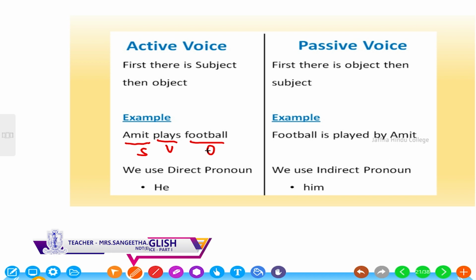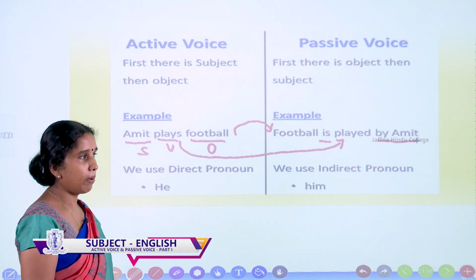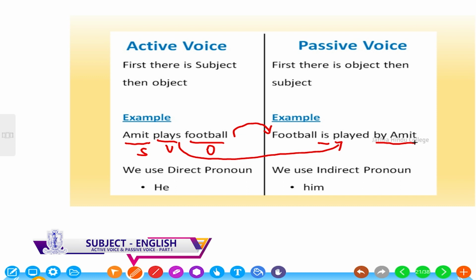And when we change it into passive, the object comes to the beginning, football. The be verb is plus the past participle of the main verb, played, and the doer is added using the preposition by. We use by to say the doer in the passive voice.